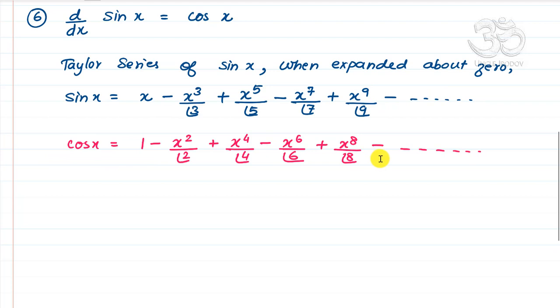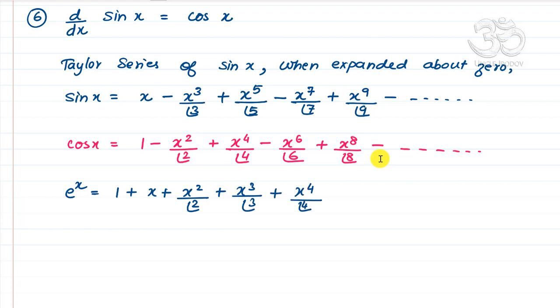And there is something called e raised to the power x, where e is the Napier's constant. So e raised to the power x is 1 plus x square by factorial 2 plus x cube by factorial 3 plus x power 4 by factorial 4 plus x power 5 by factorial 5, no change in sign here, plus up to infinity.